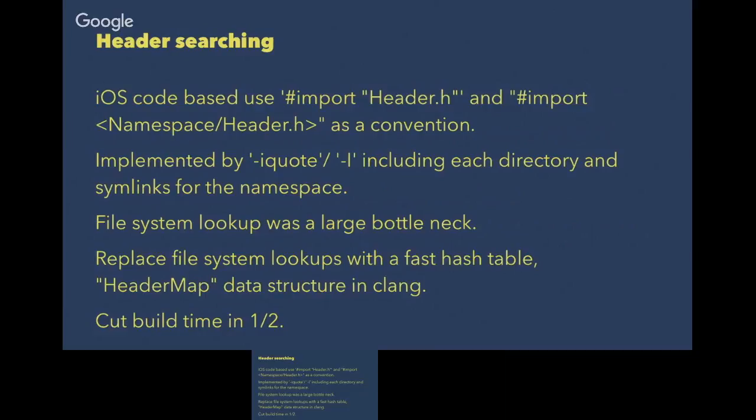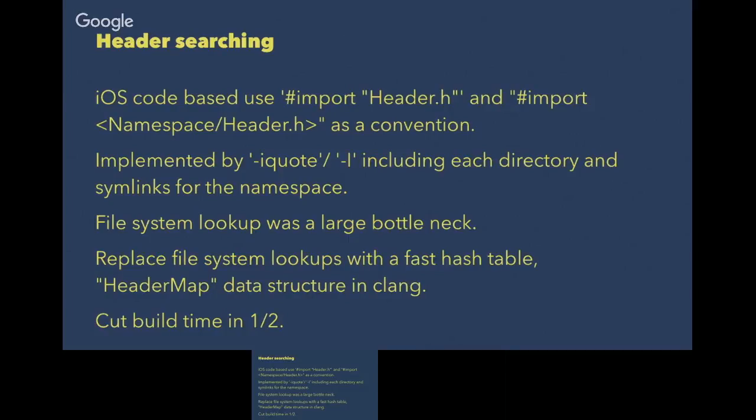And when you import from another package, whether that's a framework, a static library, a foo, or a bar, you import it as namespace / header.h. And so to actually implement this in Bazel, we were passing in hundreds of directories to clang. So clang had to do a linear search across all of these directories every time it sees these imports.